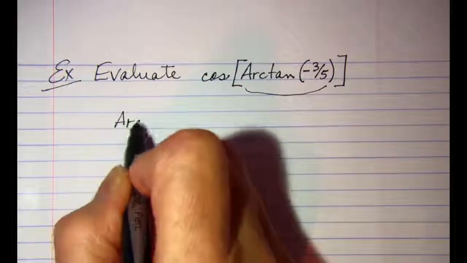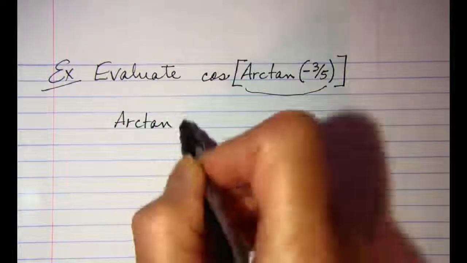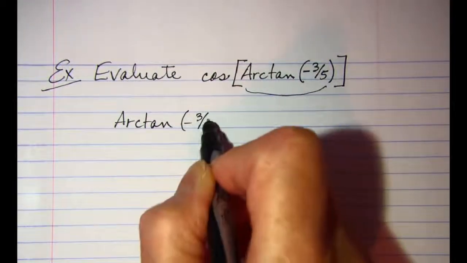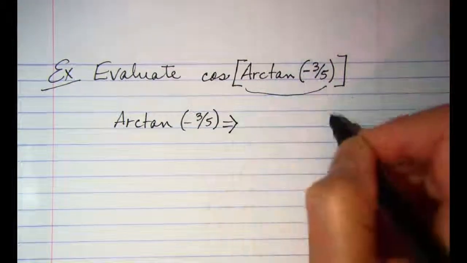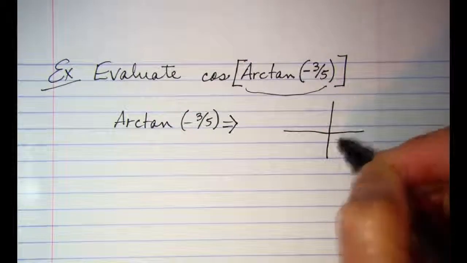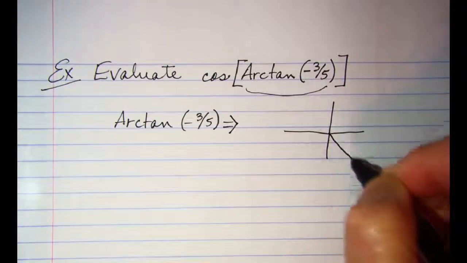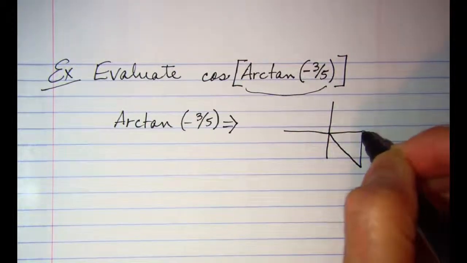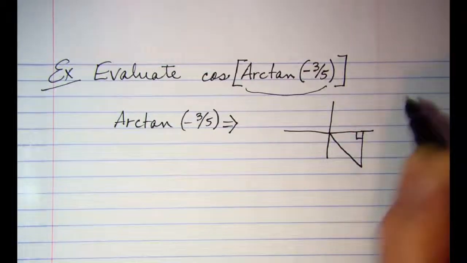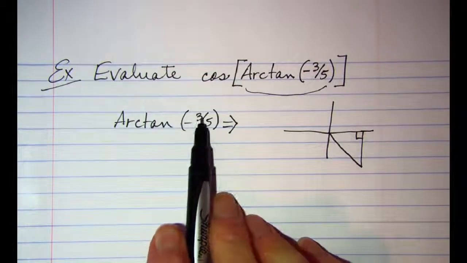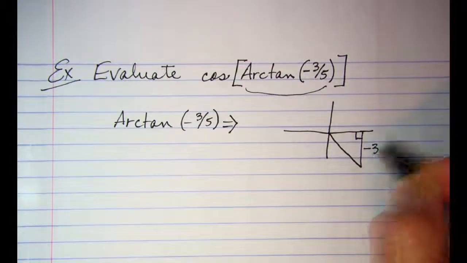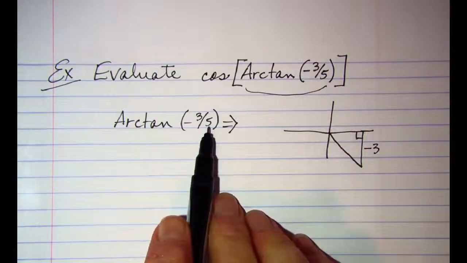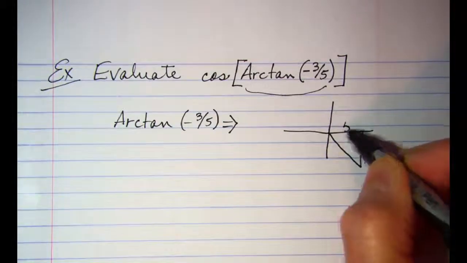Arctan -3/5 is going to be an angle in quadrant 4, and our opposite side is -3, and our adjacent side is 5.